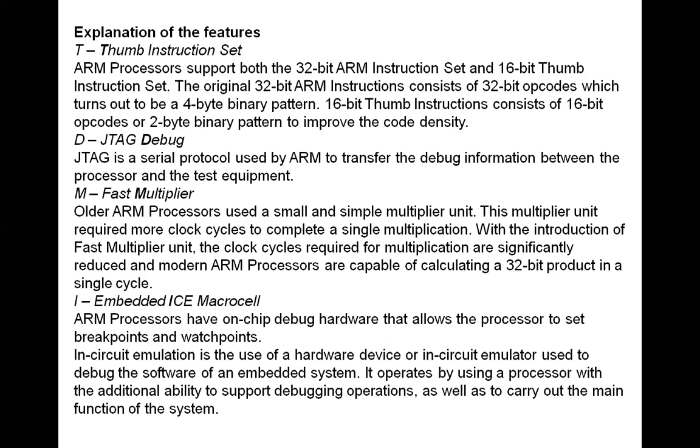ARM processors have on-chip debug hardware that allows the processor to set a breakpoint and watchpoint, right? An in-circuit emulator is a hardware device used to debug the software of an embedded system. It operates by using a processor with additional ability to support the debug operations as well as to carry out the main functions of the system.